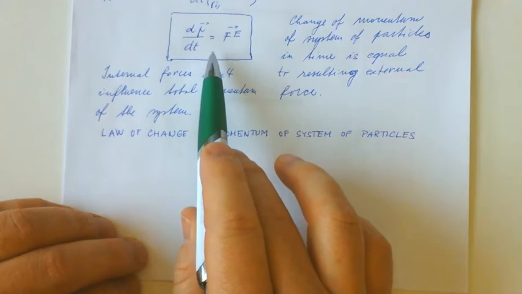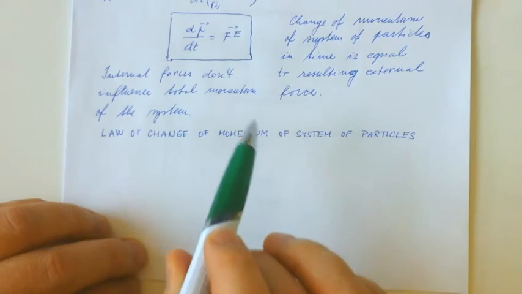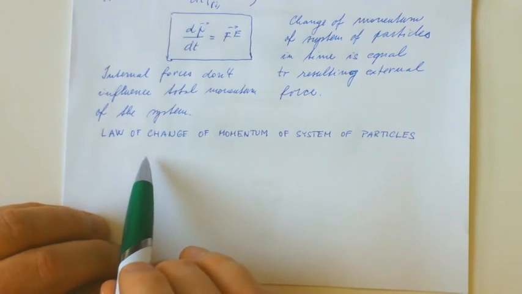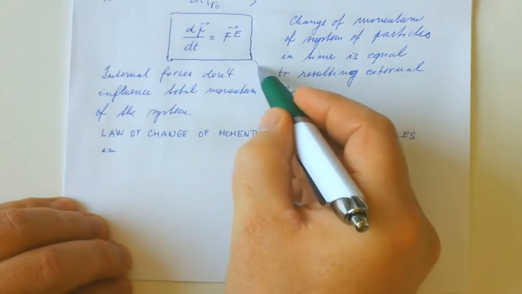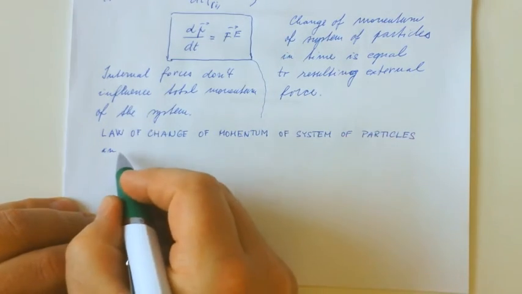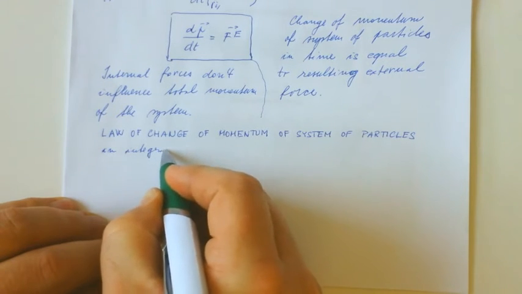This is the formulation in differential form, and we can also formulate it in integral form. So this is in differential form, and here it will be in integral form.